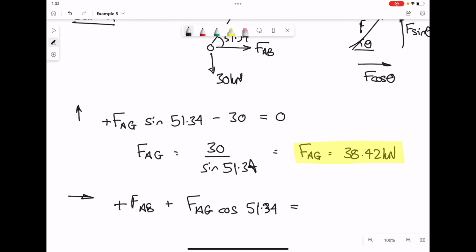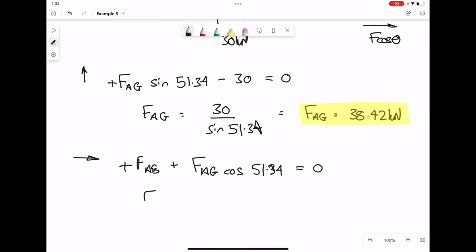They must add together to give you 0 for equilibrium. Substitute our value in of 38.42.